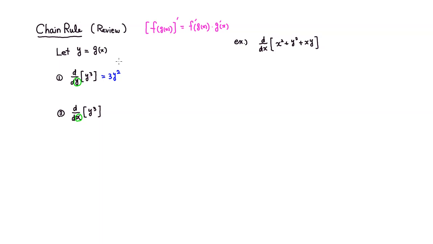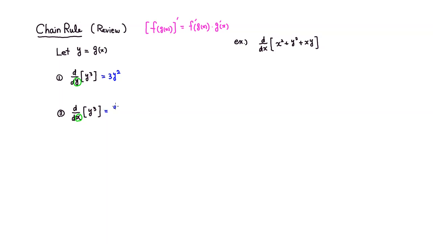All right, what if you take the derivative with respect to x instead of y? This might be easier if you rewrite it a little bit. I'm going to put the g of x back in.